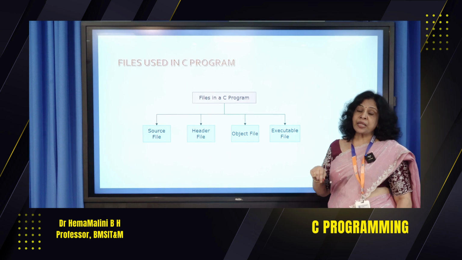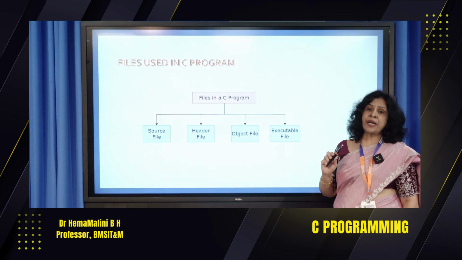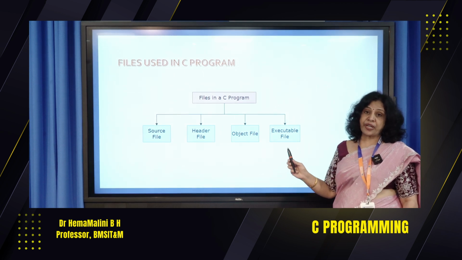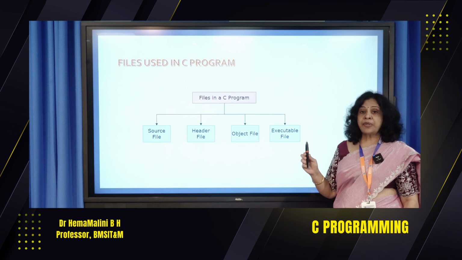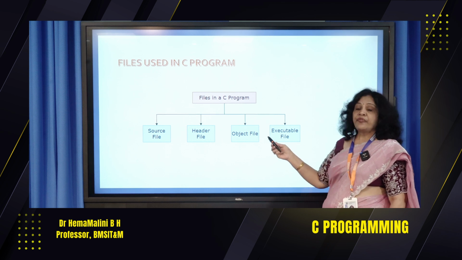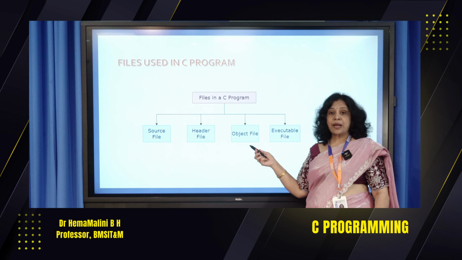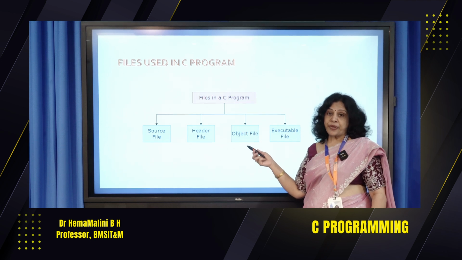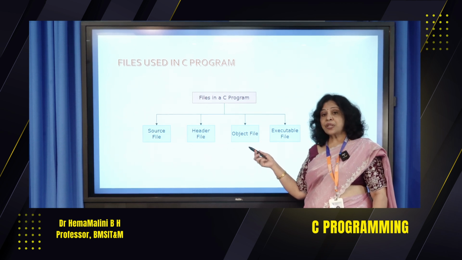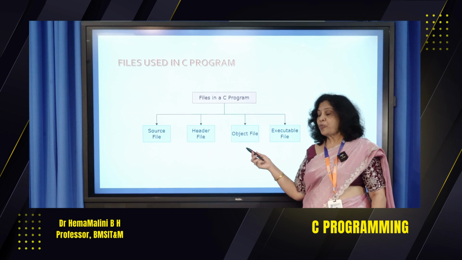When we compile the program, the compiler creates an object file in assembly level language, which is understandable by the machine or the computer. We will not understand it. Only the compiler can understand the object file.